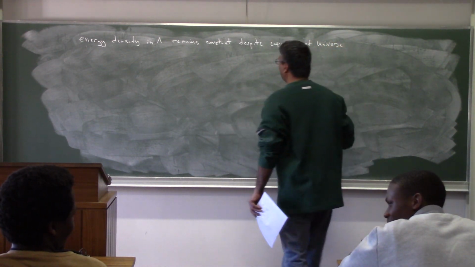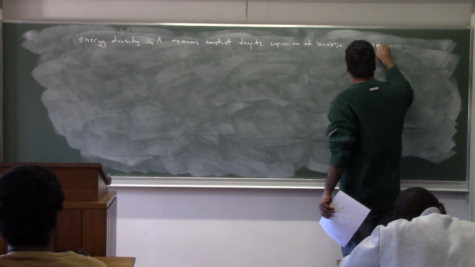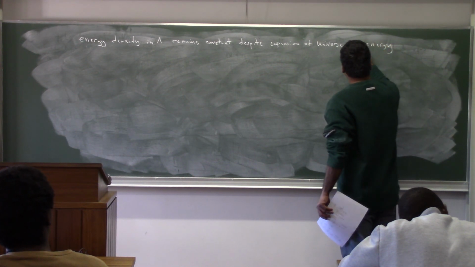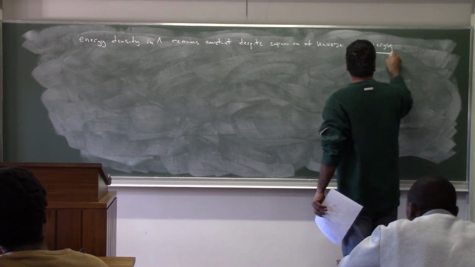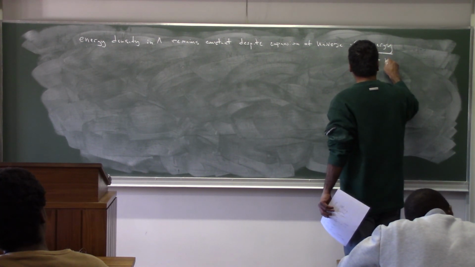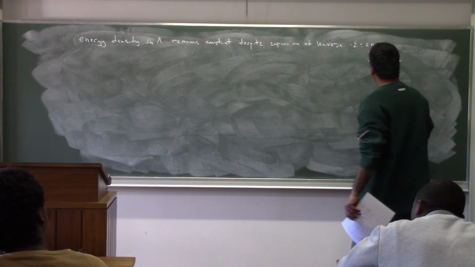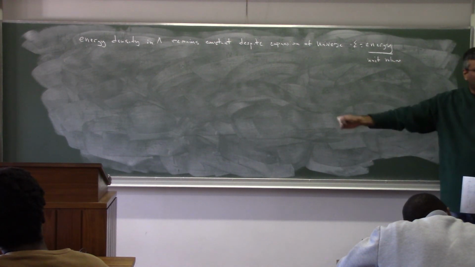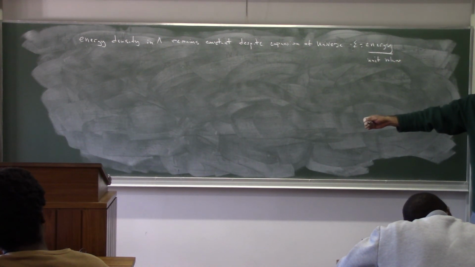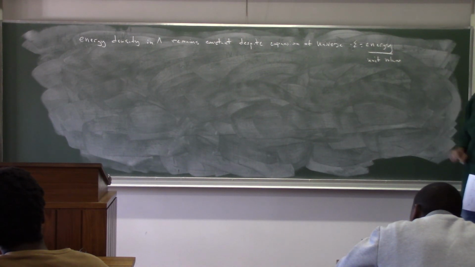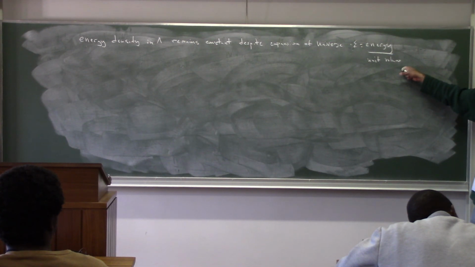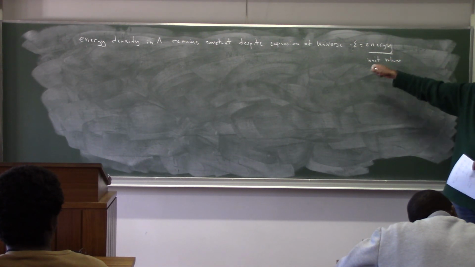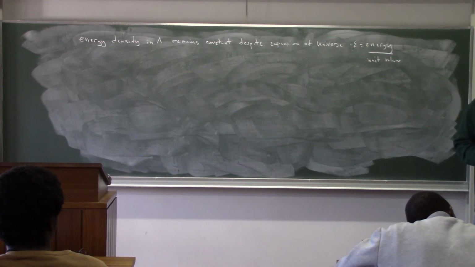So remember, energy density is energy, so epsilon is energy per unit volume. So the volume is increasing with the expansion of the universe. The total energy has to be increasing as well, in exactly a manner to cancel the volume, in order for the ratio to be constant for lambda.